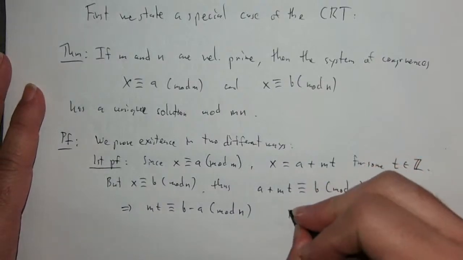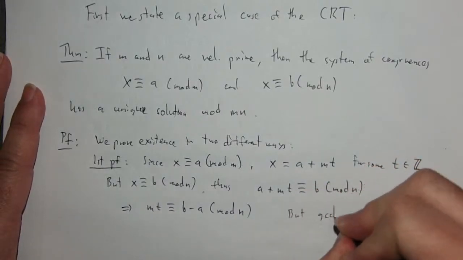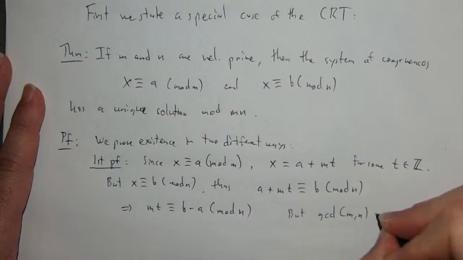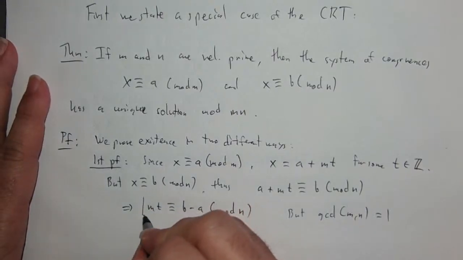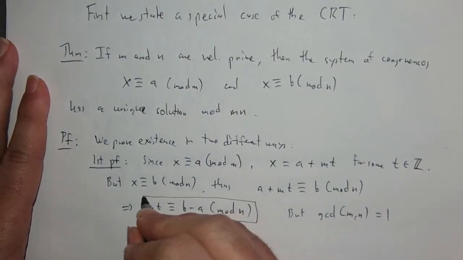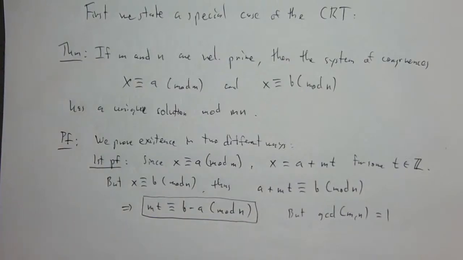But the GCD of m and n is equal to 1. So let's look at this equation that I have written here. What would the GCD of m and n being 1 tell me about that equation? Well, here is where I said something yesterday when I was first introducing the Chinese remainder theorem.